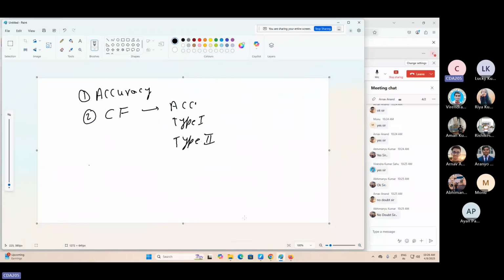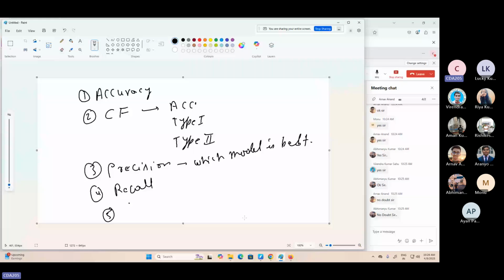Then the third one we have seen is the precision, and about which model is best. So these things we have seen today. In the lab, we will see the fourth one, that is the recall, and the fifth one, that is the F1 score.